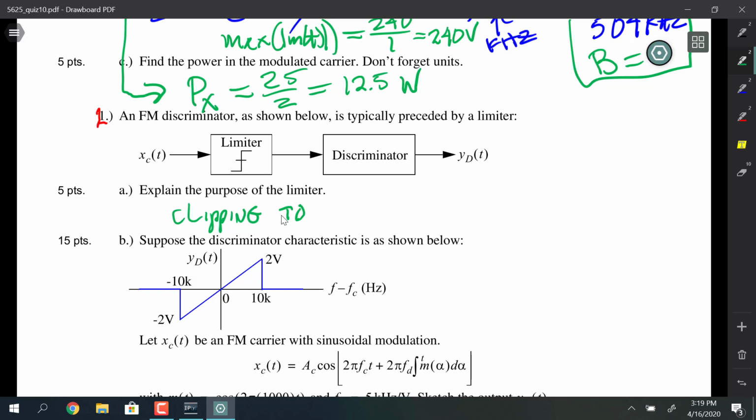Remember the types of discriminators we were looking at, most of them have some sensitivity to amplitude fluctuations on the signal. So if you limit the signal so that its amplitude doesn't fluctuate anymore, remember for angle modulation, all the information is contained in the phase, which is just moving back and forth inside the envelope. So it has a constant envelope. All the modulation is inside of that. And if you clip it, you don't lose any information, but you do remove any residual amplitude modulation that might be arriving on the signal.